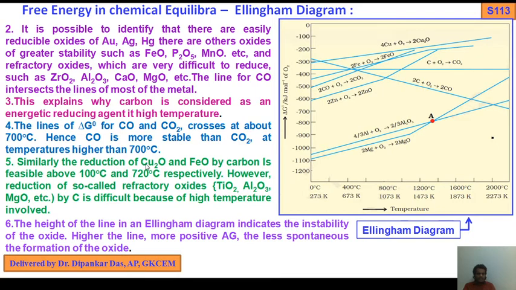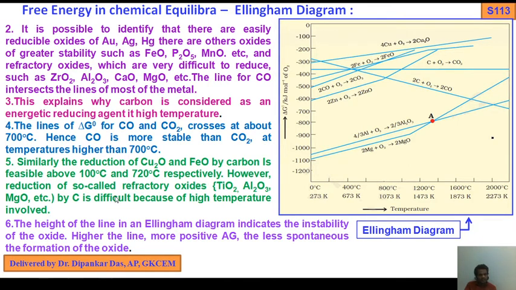Similarly, the reduction of CO2 and FeO by carbon is feasible above 100 degrees centigrade and 720 degrees centigrade respectively.